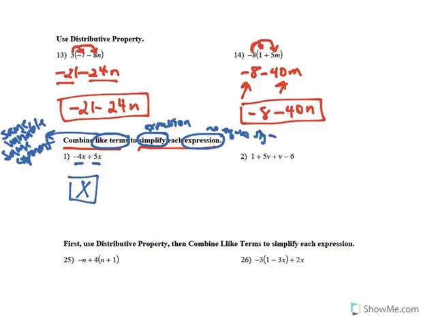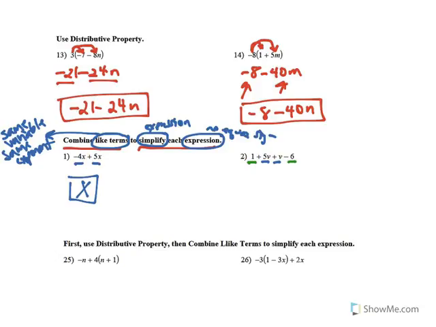Number 2, I need to identify the like terms and then combine them to simplify the expression. So here my like terms are positive 5v and positive 1v. My constants are positive 1 and negative 6.